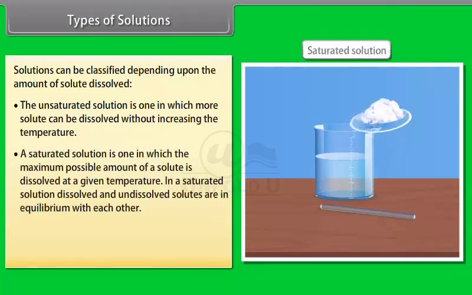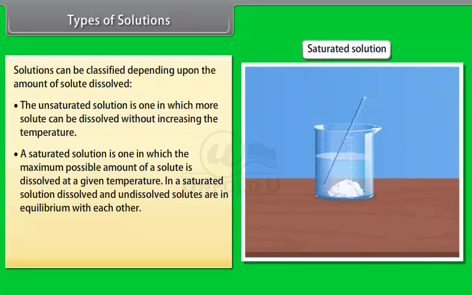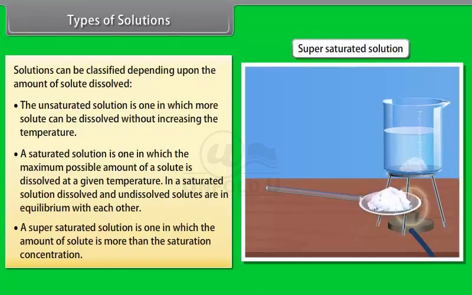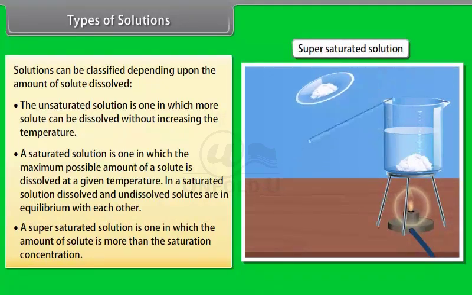A saturated solution is one in which the maximum possible amount of a solute is dissolved at a given temperature. In a saturated solution, dissolved and undissolved solutes are in equilibrium with each other. A supersaturated solution is one in which the amount of solute is more than the saturation concentration.